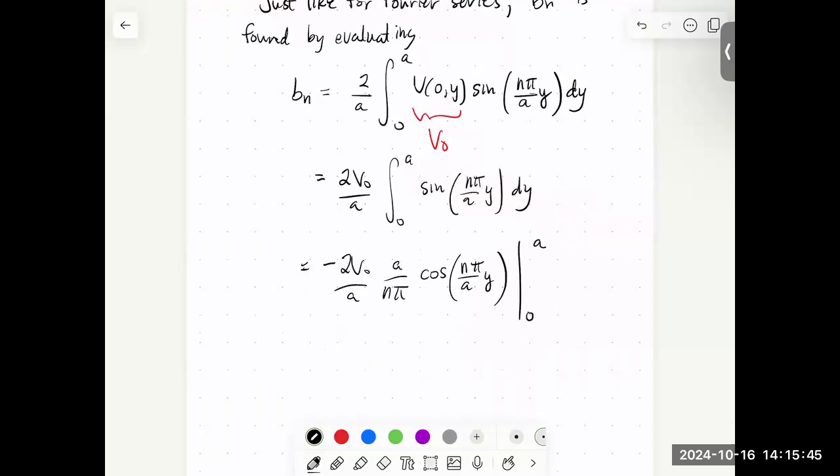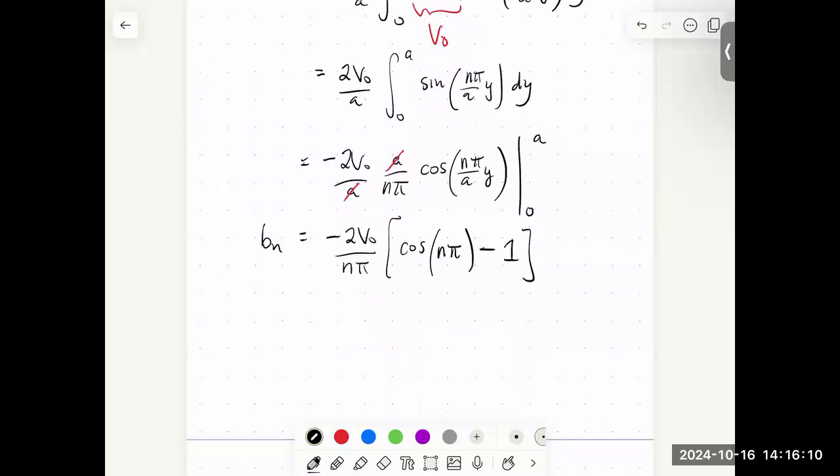Okay, so this is going to be what? The a's will cancel. And so we get our bn is equal to minus 2v0 over n pi, cos of, so if I put in a, I'm going to get n pi, minus the cos of 0, which is 1. Okay, so if n equals 1, cos of pi is minus 1. If n equals 2, cos of 2 pi is plus 1.